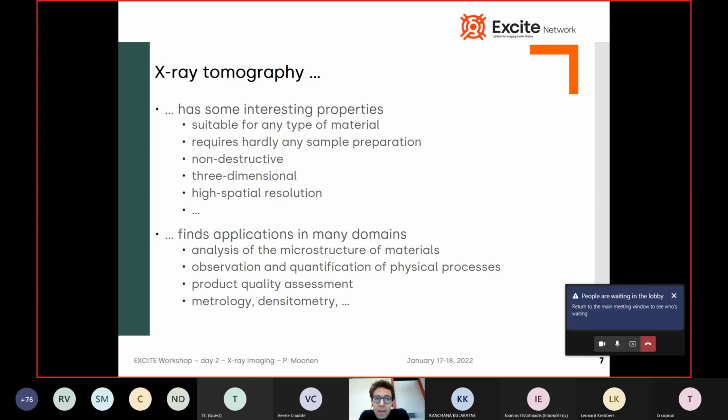It goes from the analysis of the microstructure of materials over the assessment of product quality, metrology, densitometry, but all these examples were static examples where you just look at one object. But since the technique is non-destructive, there is no reason why you couldn't do in situ or in operando studies where you observe and quantify physical processes, so things that evolve over time.